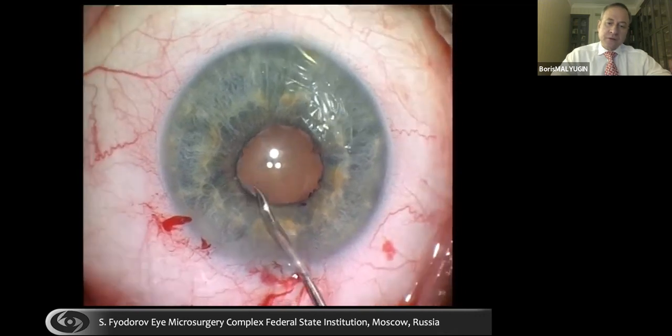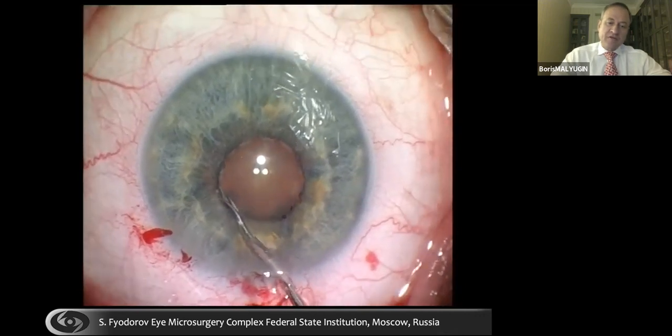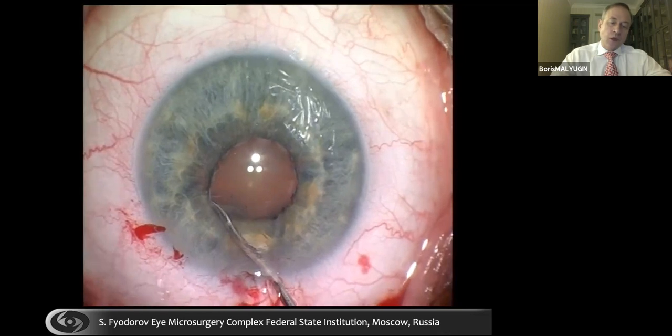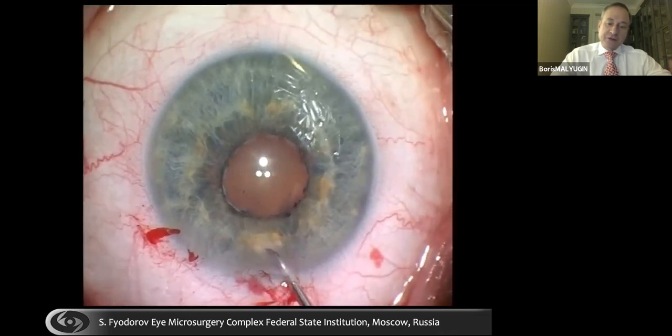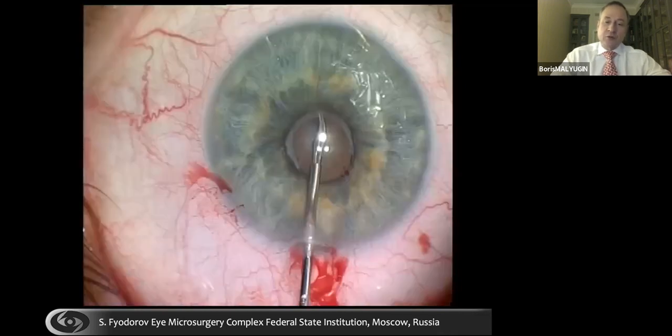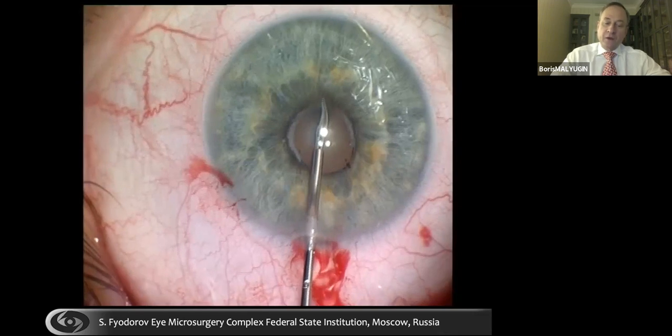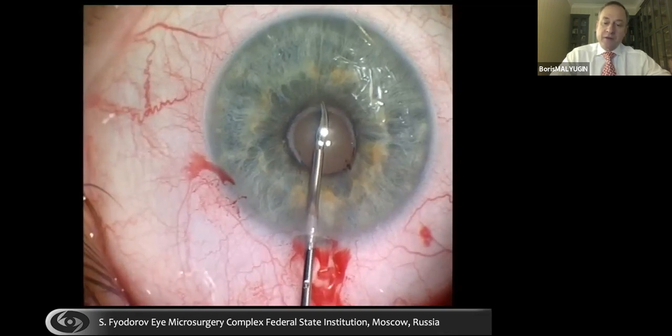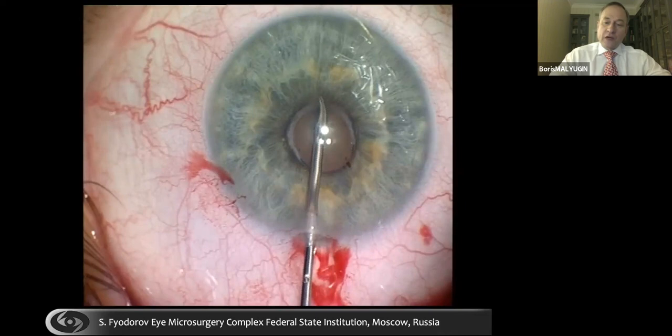This is a membrane which is now being fragmented with the help of the scissors, and again by cutting this membrane into pieces, it's possible to remove this membrane more or less successfully.